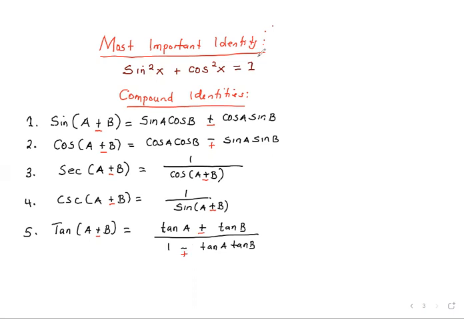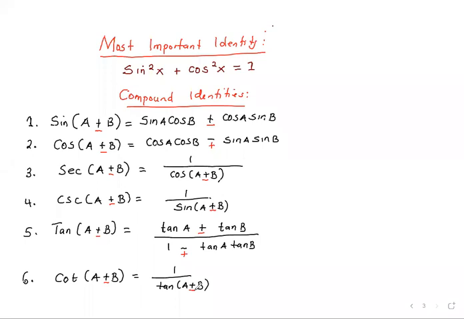There's a difference in the signs. So that cot A plus B will become 1 over tan A plus B. So that if there was minus, you also use minus. Six compound by 2, 12 compound identities.